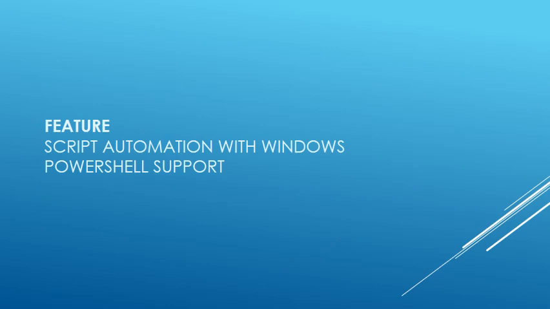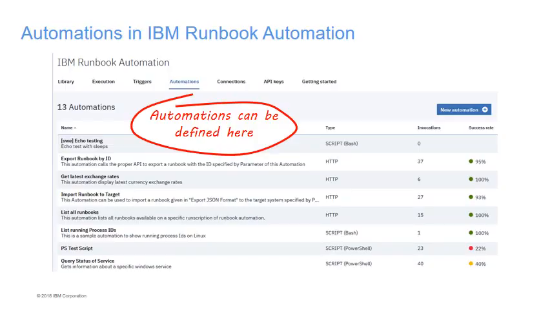First, I want to give an overview of the new feature to execute PowerShell commands from RBA automation scripts. Automations are reusable assets that each can run on many targets of different type.